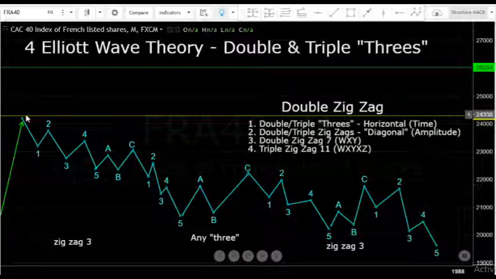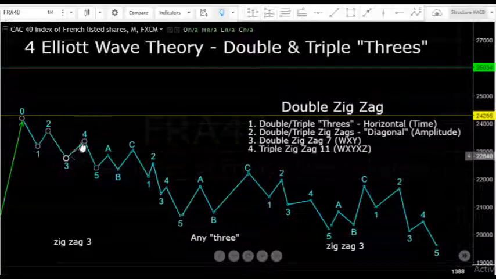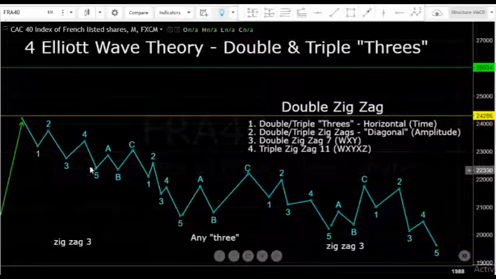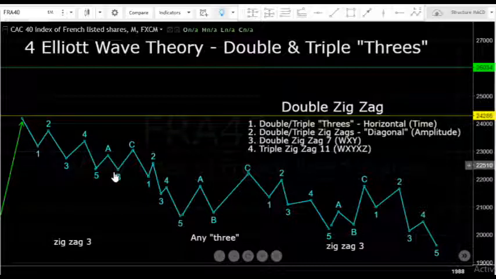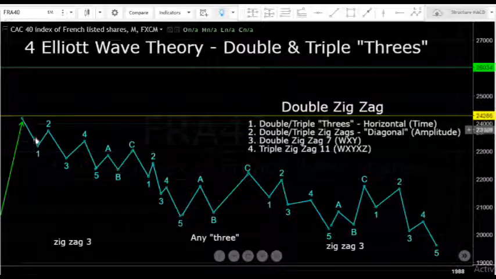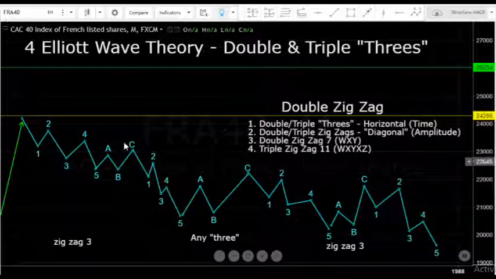So here we have a 5-wave structure coming down, which in this case we can tell is a, that's right, a diagonal. Then we have a small zigzag of the same degree of magnitude as these subwaves coming down, and then we have an impulse.